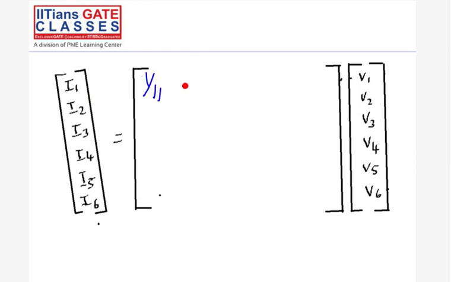So there will be y11, y12, 0, y14, 0, and 0, right?